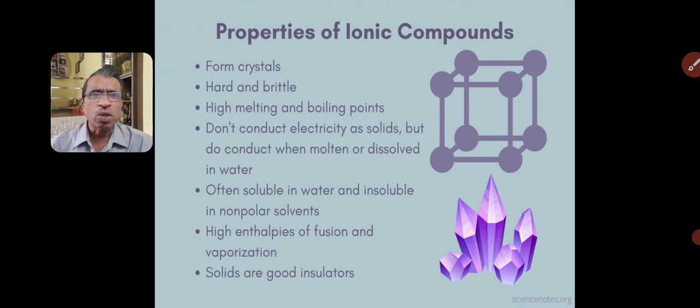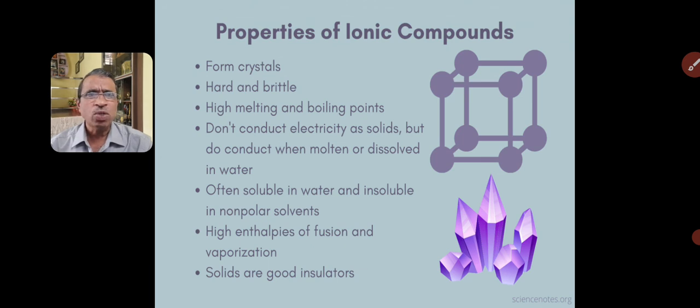This slide shows whatever we have told you about the properties of ionic compounds. So, once again we can briefly say ionic compounds are crystalline, they are hard and brittle, they have high melting and boiling points, they don't conduct electricity in the solid state, but they conduct electricity in molten state or in solutions.